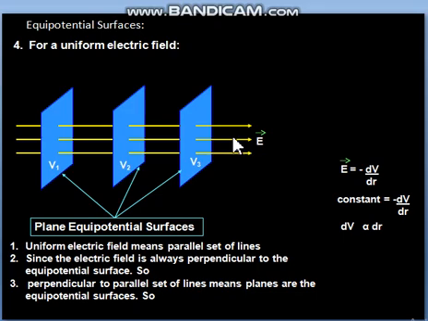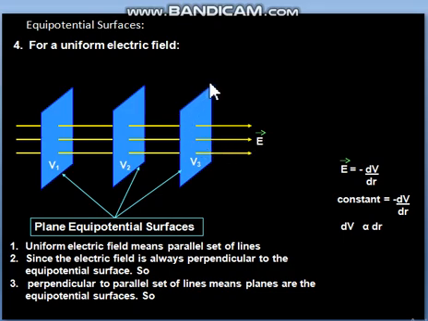So just think: if the electric field is along the x-axis, what is perpendicular to the x-axis? The YZ plane is perpendicular to the x-axis, because the y-axis is also perpendicular to x and the z-axis is also perpendicular to x. So the YZ plane is perpendicular to the x-axis and the electric field is along the x-axis.